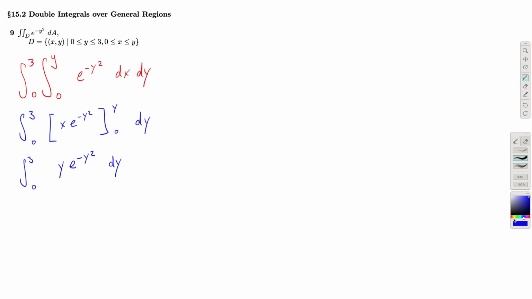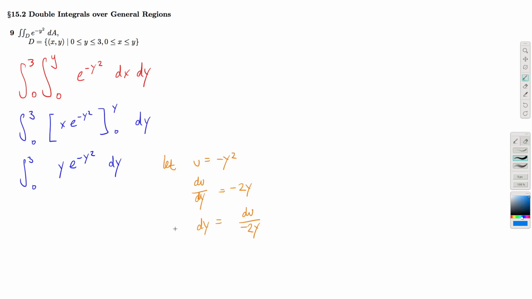And in order to do that, we have to say, well, let u equal negative y squared, which means that du/dy equals negative 2y, which means that dy equals du over negative 2y.